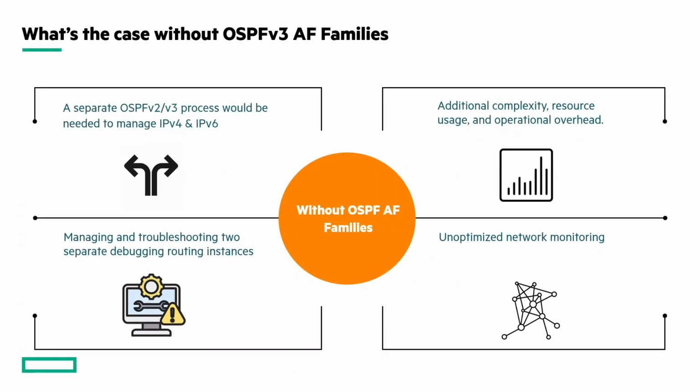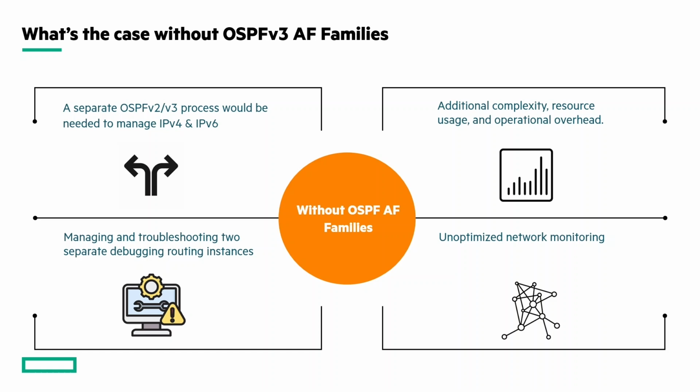Before we deep dive into these address family use cases, we have to understand what the case is without OSPFv3 address families. So I have four major points here. The first one is that a separate OSPFv2 or v3 process would be needed to manage IPv4 and IPv6.